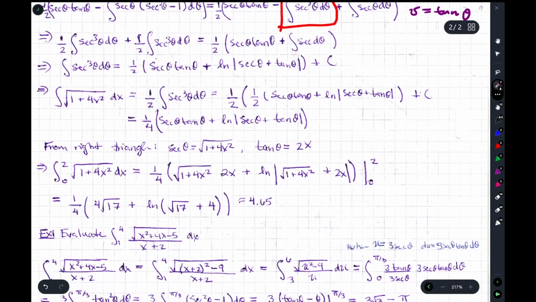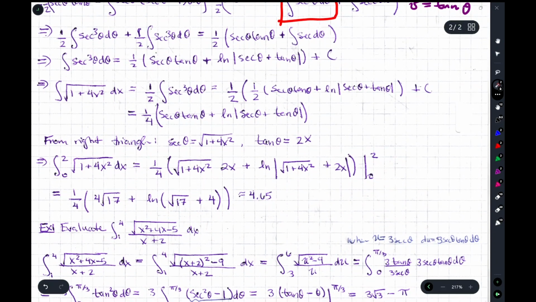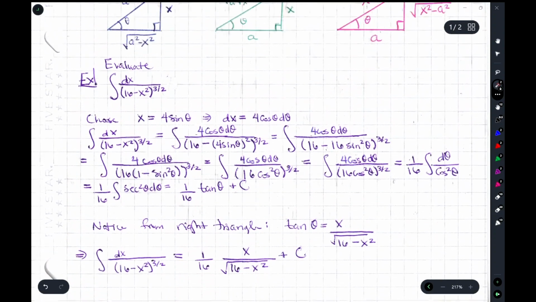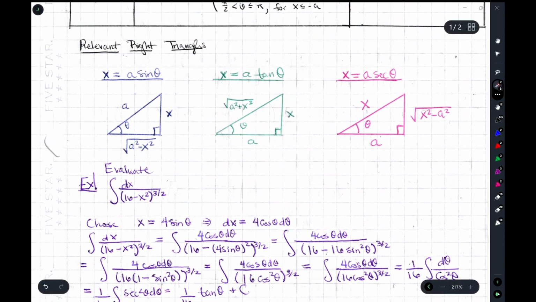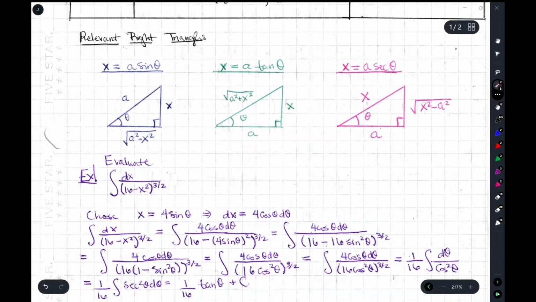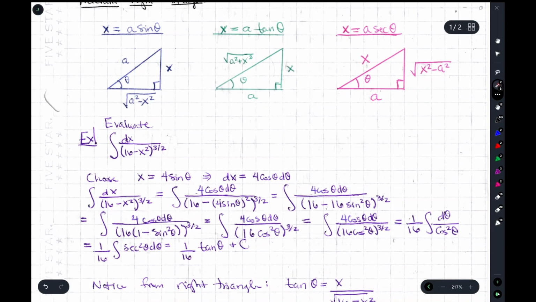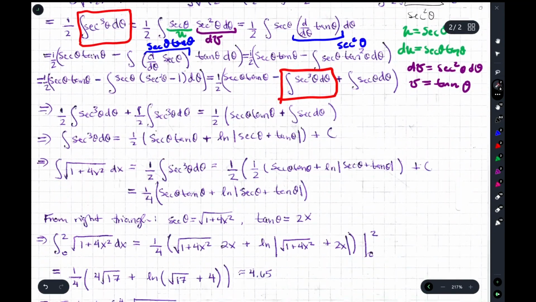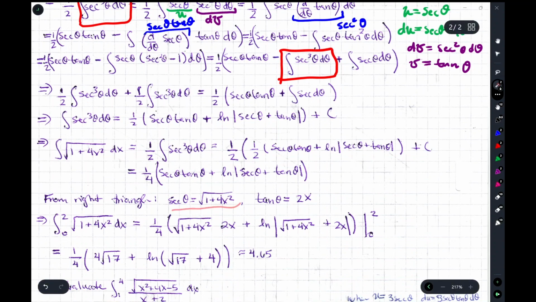Looking at that triangle, you'll get secant theta is equal to this. And what does tan theta look like for this? That's opposite over adjacent, or 2x. And so you get these expressions that we see over here.